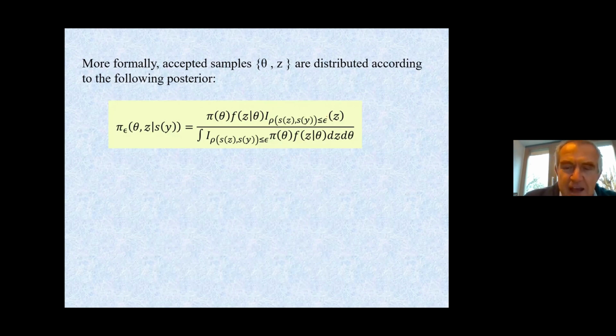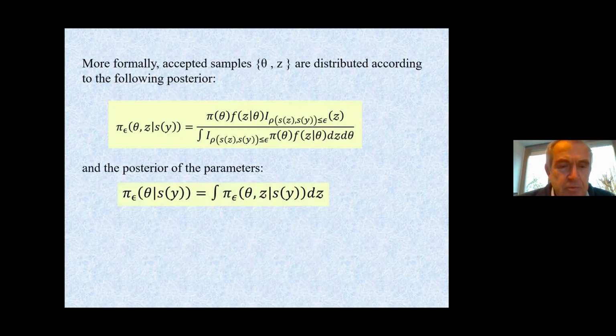So these samples give you then the likelihood of the parameters and the simulations under the observed moments.